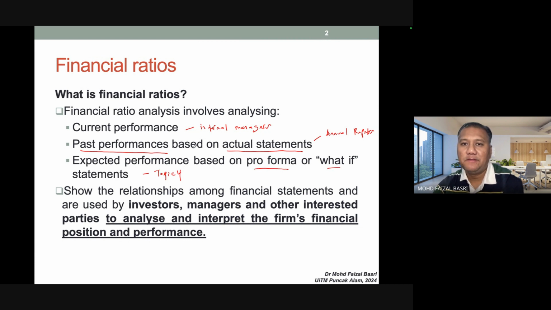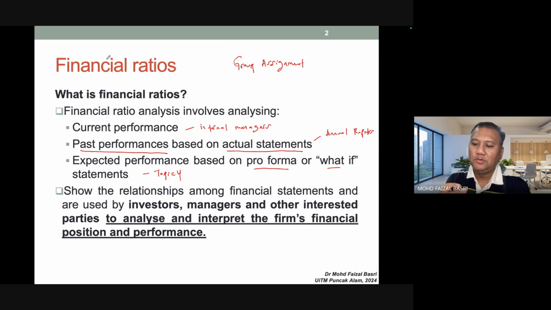because topic number 3 is important in the sense that this would be the reference for your group assignment. Okay, your group assignment will be based on financial ratios alone. If you remember during our first seminar, one of the assessments is the group project or group assignment.